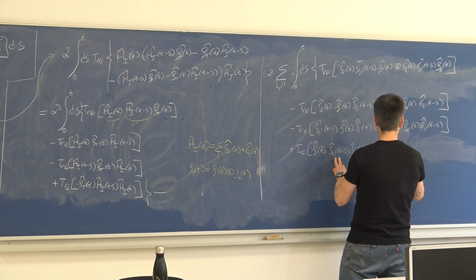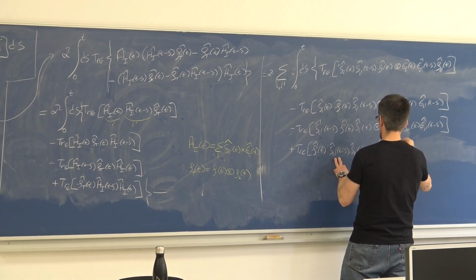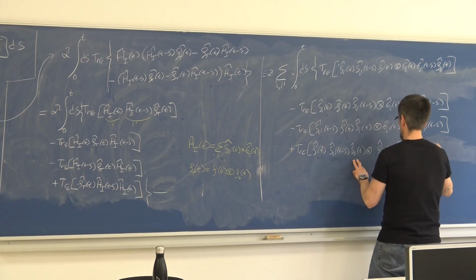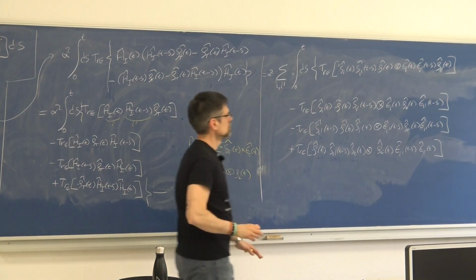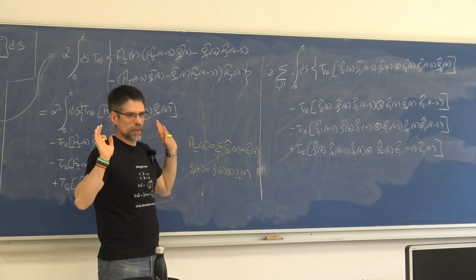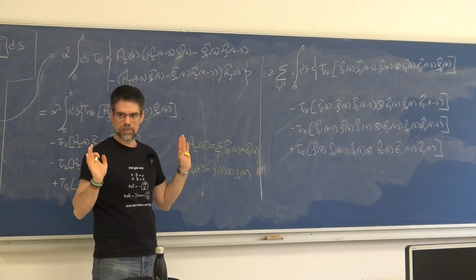At this moment I start seeing everything the same. I think it's E prime of t minus s, E_I of t hat. If I haven't made any mistake, okay?